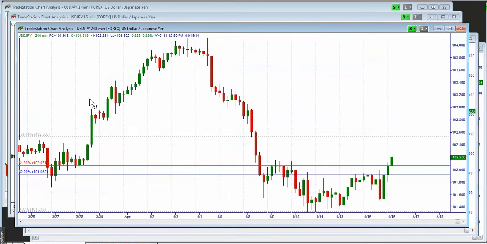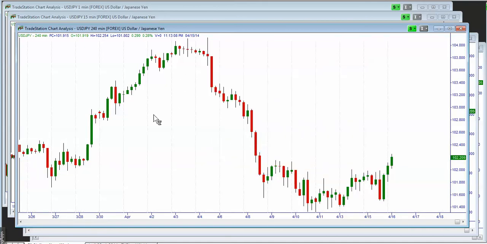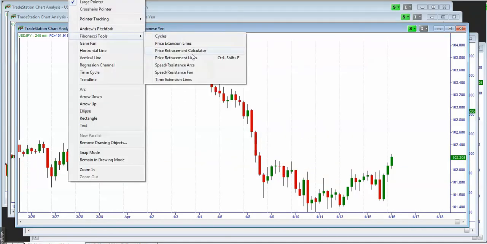And I'm going to show you on the 4-hour chart that right today we had the violation of this 102.07 level. Now, how we get to this level, I showed you in the last few days.